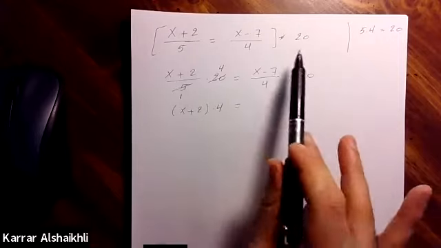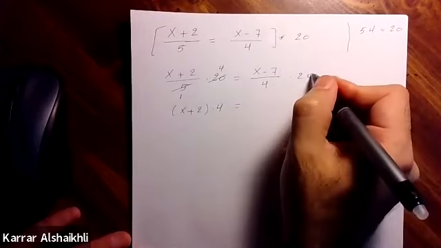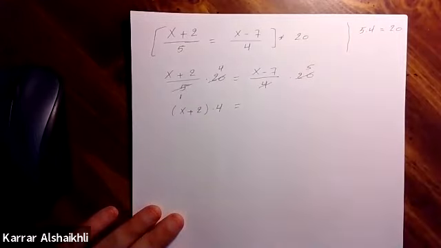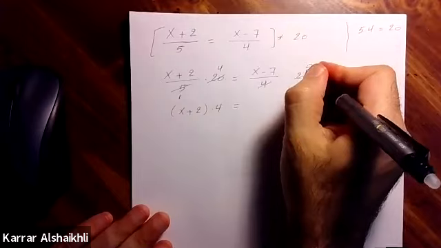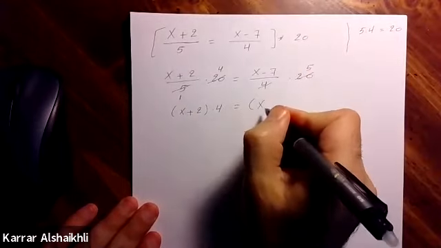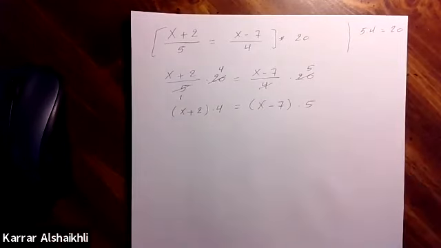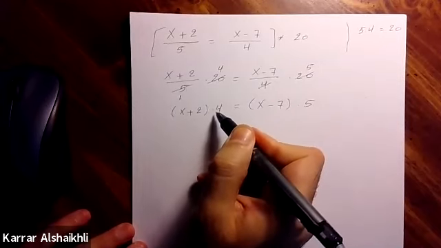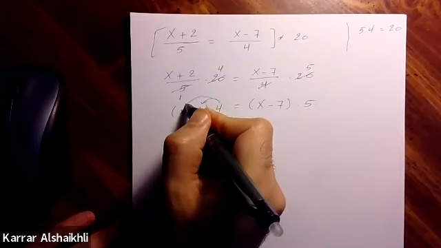The same thing we're going to do with this side. The 20 divided by 4 is going to be 5. So I'm going to write down x minus 7 times 5. Now, next step, parentheses and number outside the parentheses with multiplication. So you're going to distribute here.